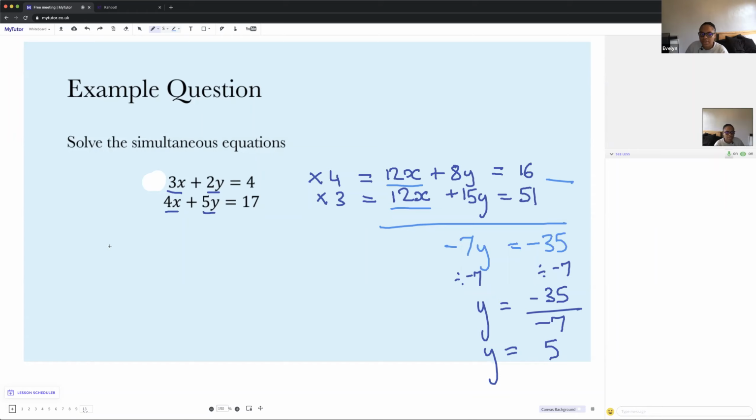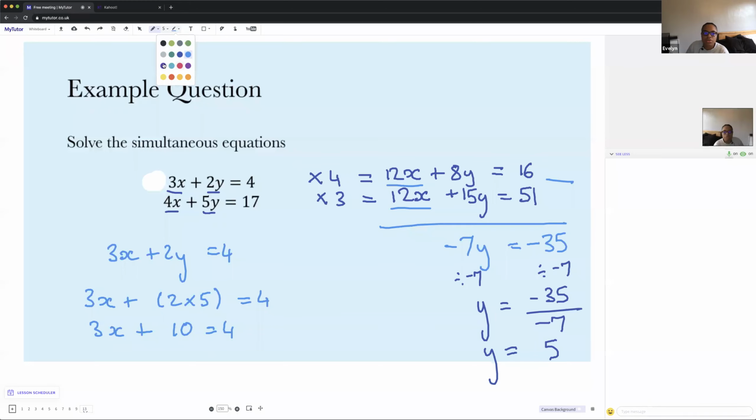So let's take the first equation. We've got 3x plus 2y equals 4. Now, if y is 5, remember, put it into brackets. So we've got 3x plus 2 times 5, which is 10, equals 4. And then we are going to continue and solve.